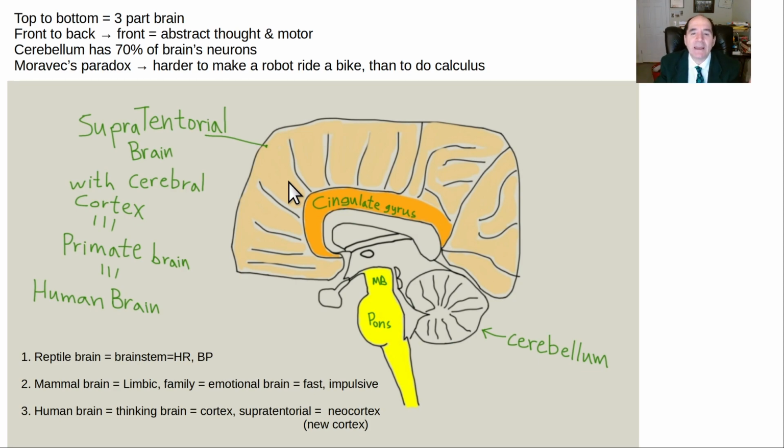So your frontal lobes, your supratentorial brain gets you to be thoughtful, think about the long-term consequences of your behavior so you can make more intelligent decisions. And that's, of course, very important. Like I said, when I feel like saying something impulsive or rude, I go, hey, I'm getting into a mammal, limbic, emotional mood. I've got to be in a more thoughtful, cerebral cortex, human brain mood, and be more wise about how I talk and behave.